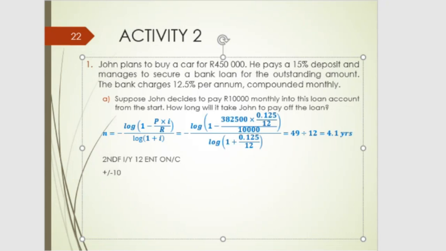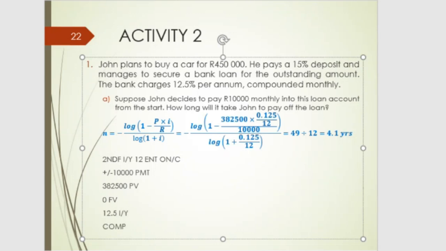We're saying 10,000. Okay, this is our payment. We also have 382,500, which is our present value. Our future value is going to be 0. Then the interest still remains 12.5 per year.